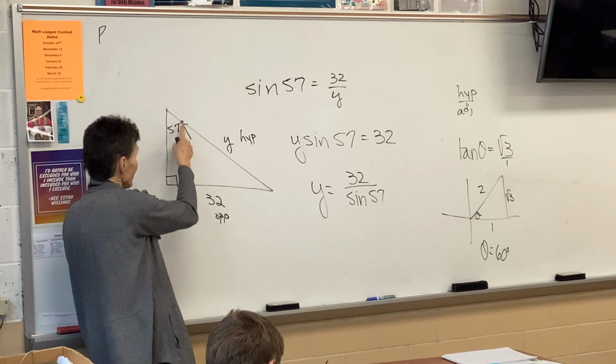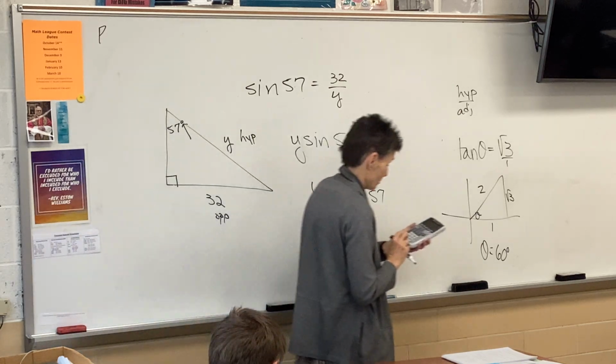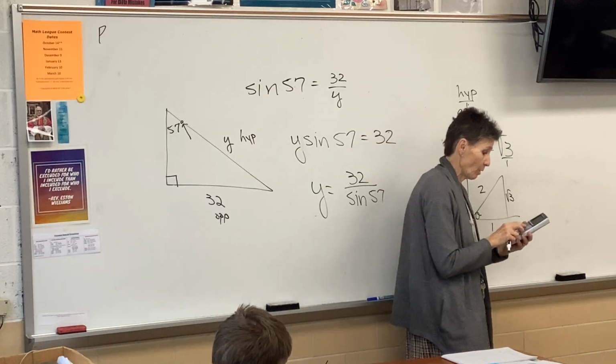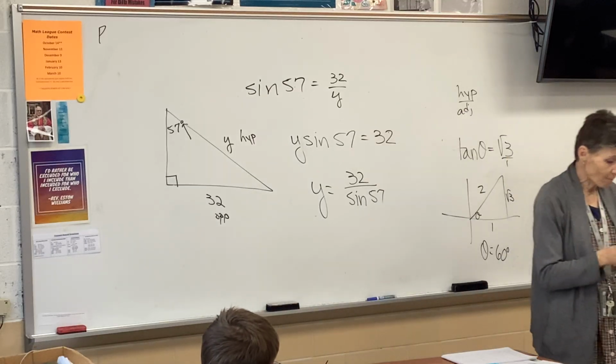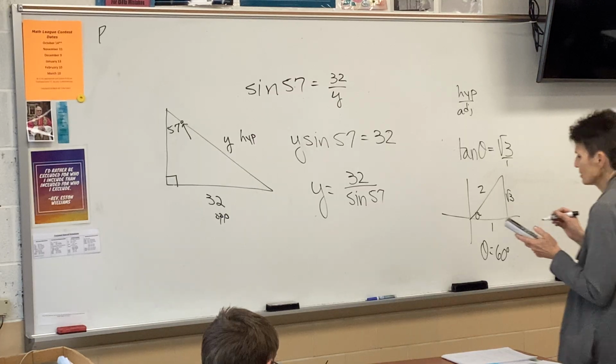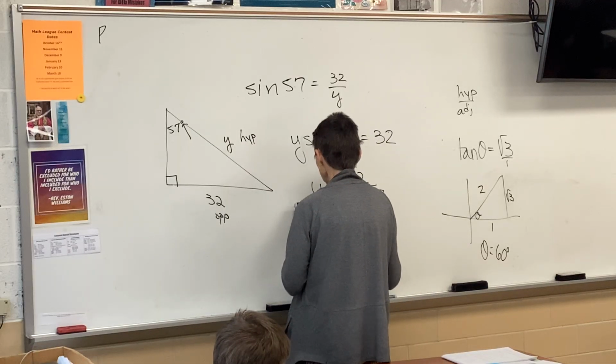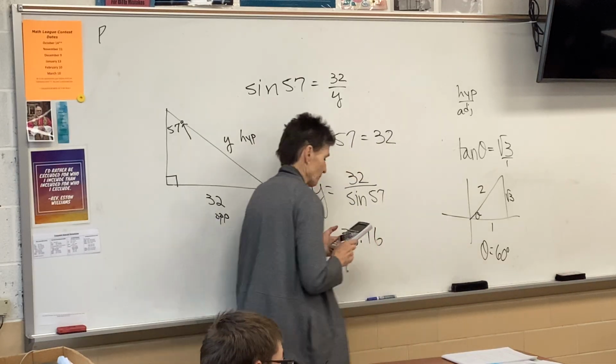What does that tell me? Degrees. I gotta be in degrees. So you gotta make sure that you are in degree mode. You can do everything right, and if you're not in the right mode, you're gonna get the wrong answer. That makes sense. So 32 divided by sine 57. It says round to the nearest hundredth, so that would be 38.16.